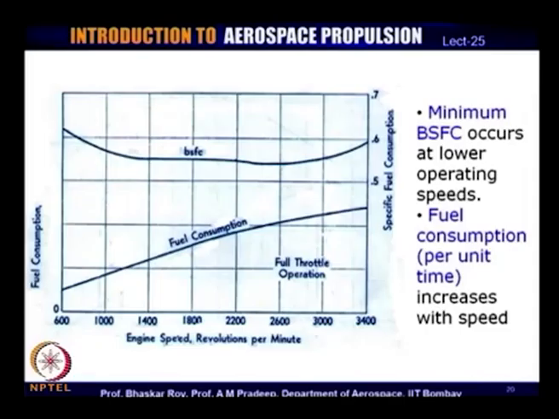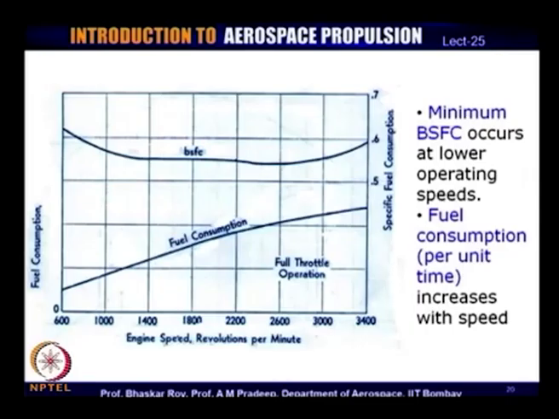BSFC is the fuel consumption per unit power, and is indicative of the efficiency, and it reaches some kind of a low plateau somewhere in the speed range over here in this particular engine that is being shown.